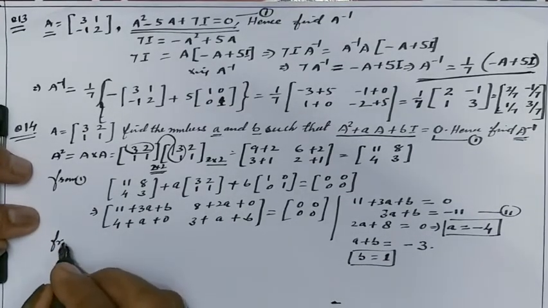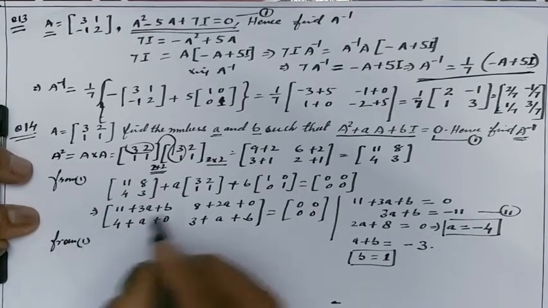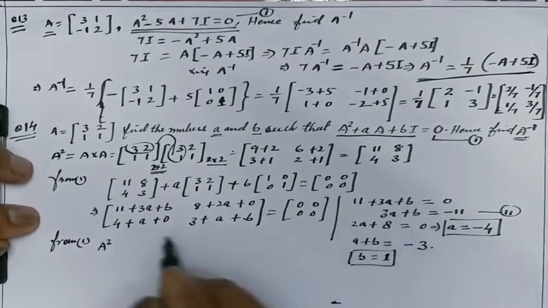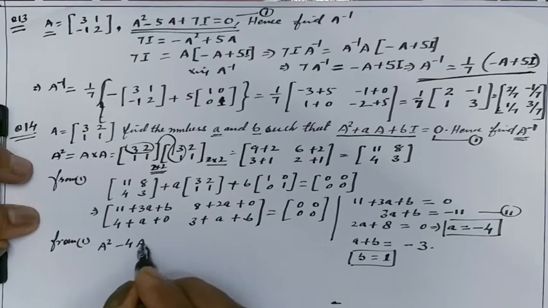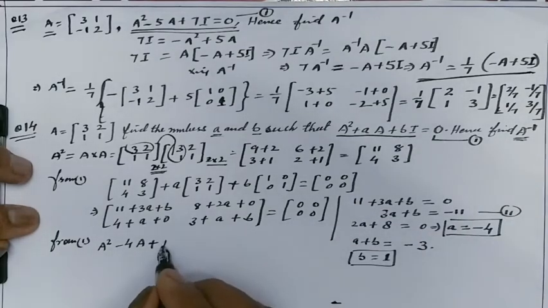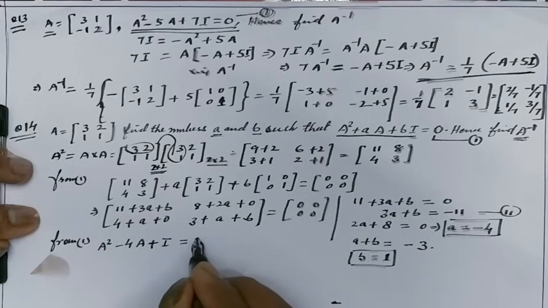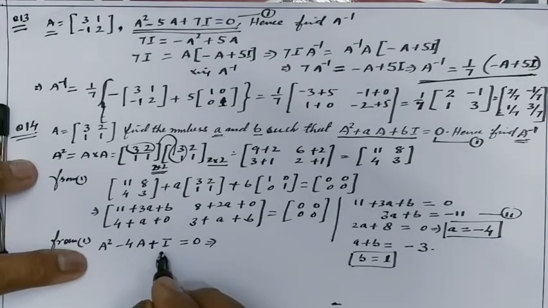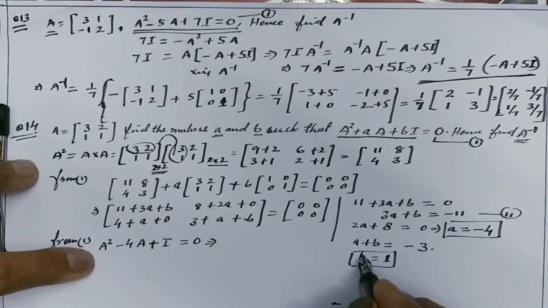Now for A inverse, from A square, the value of a is minus 4, so minus 4 times A, plus b is 1, so it is the identity matrix, is equal to 0. A square minus 4A plus I, identity matrix, is equal to 0.